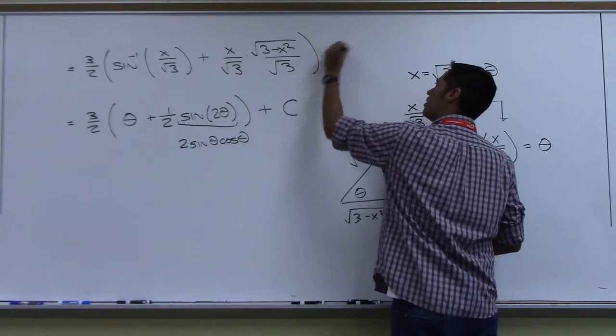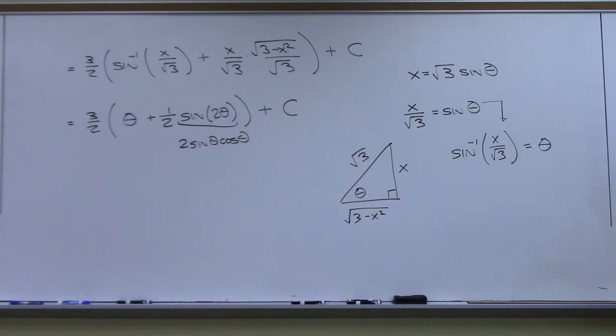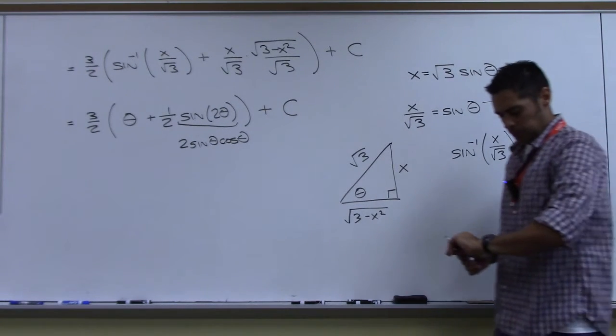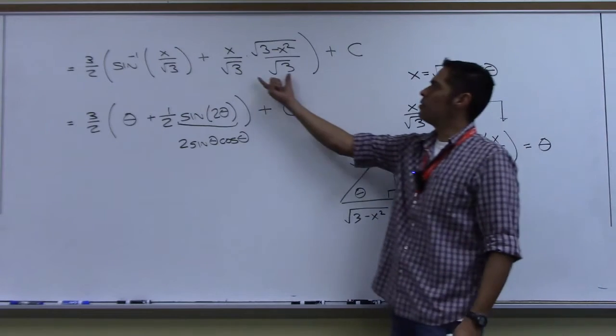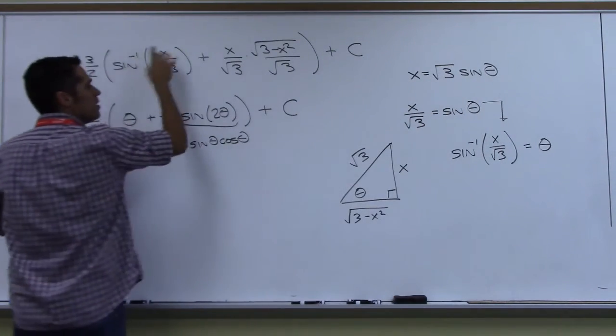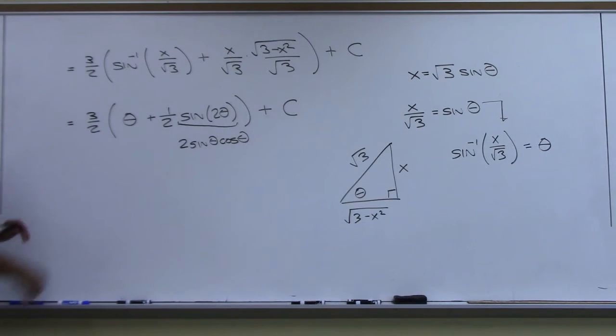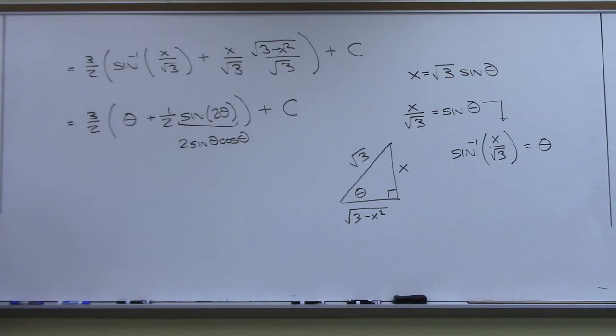All of this plus c. We made it. You could put these root 3's together and make that a 3. You could then distribute the 3/2 through, and I think the 3 would cancel. Like this 3 up here would cancel with the 3 down there. We're there.